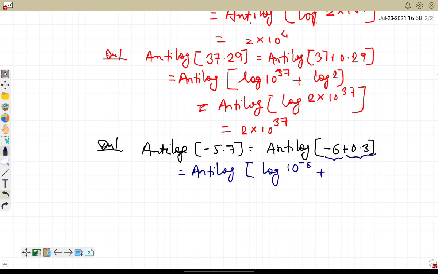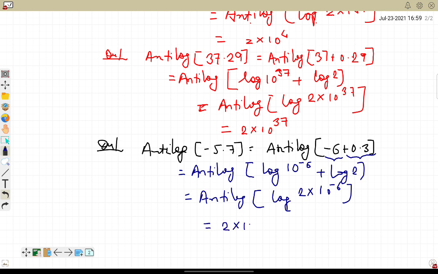In the next step write antilog first, and using log m plus log n is equal to log m into n, we write log 2 into 10 raised to the power minus 6. So log and antilog both will cancel each other. So our net answer is 2 into 10 raised to the power minus 6, the correct answer.